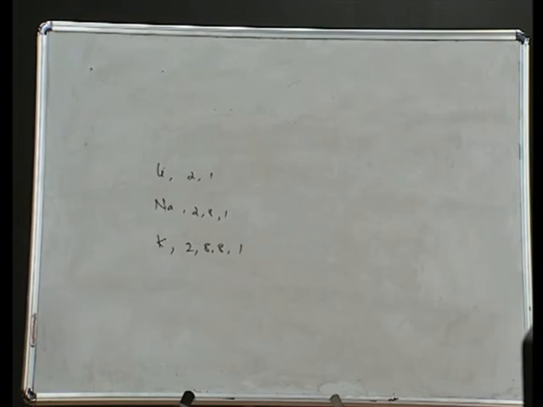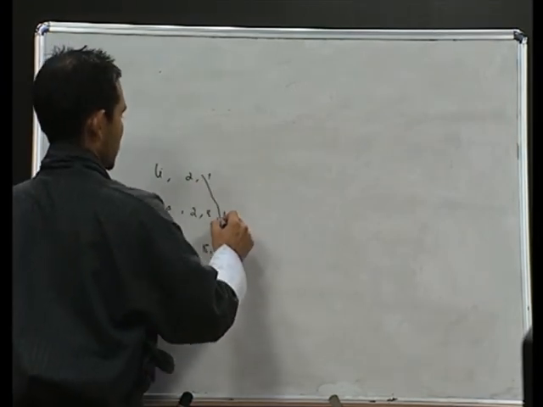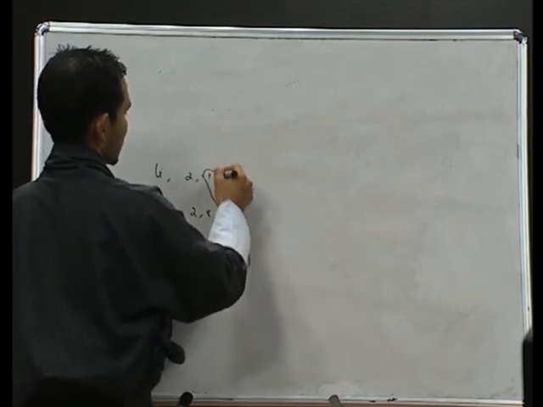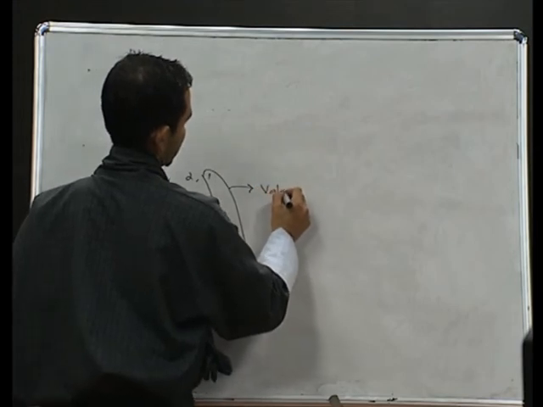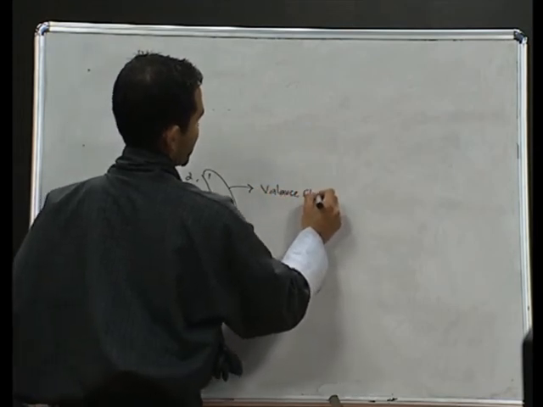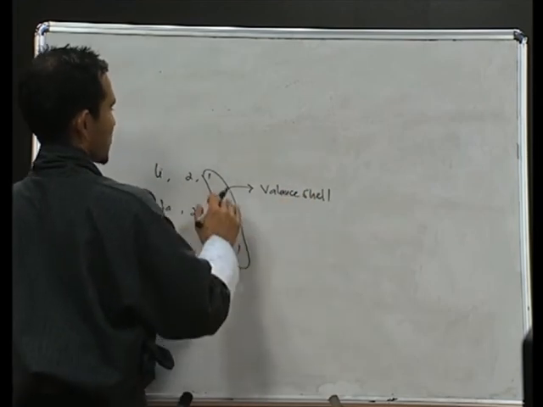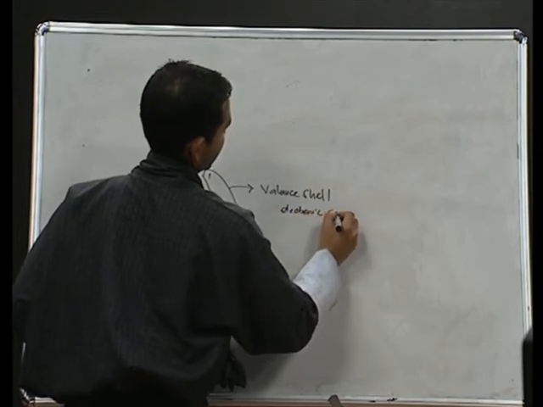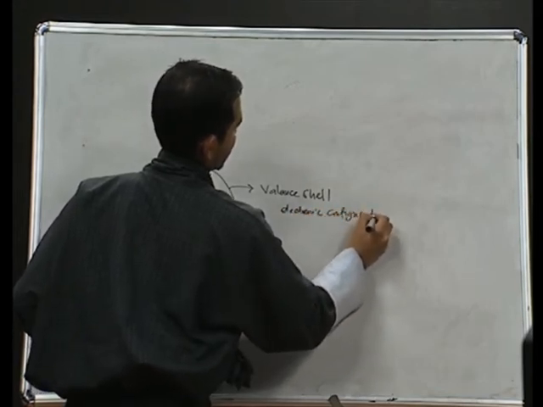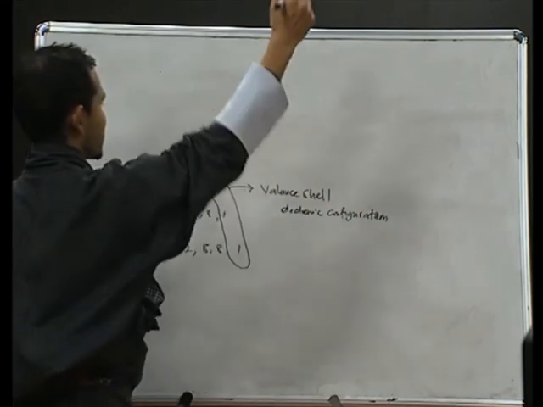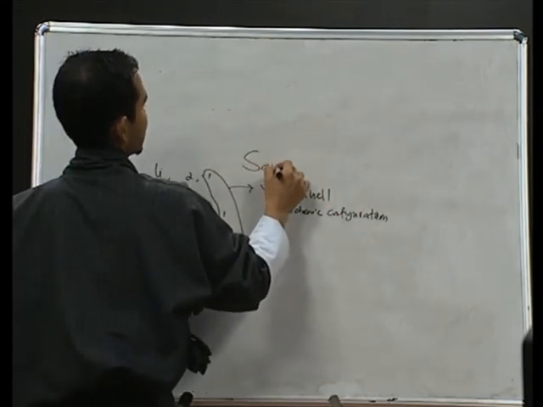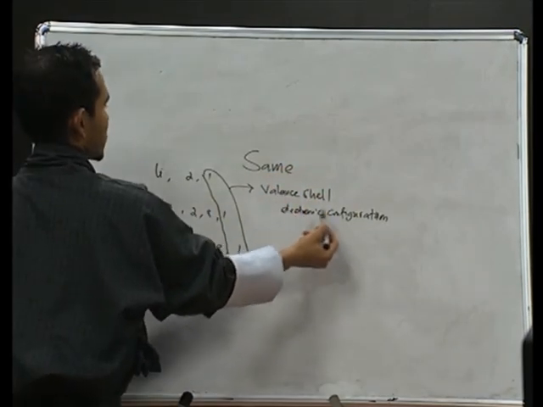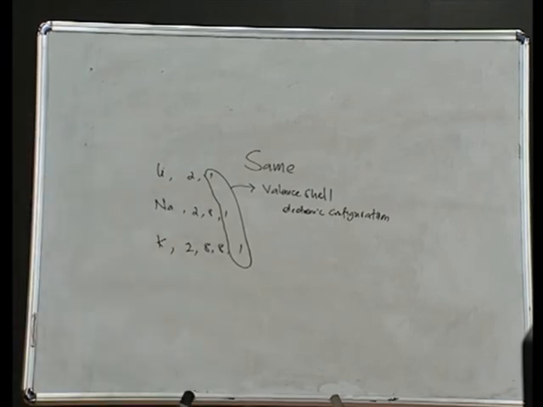Now when you compare these, these are all valence shells, and this is the electronic configuration. So what is the cause of periodicity? Because they have the same valence shell electronic configuration, it causes periodicity.